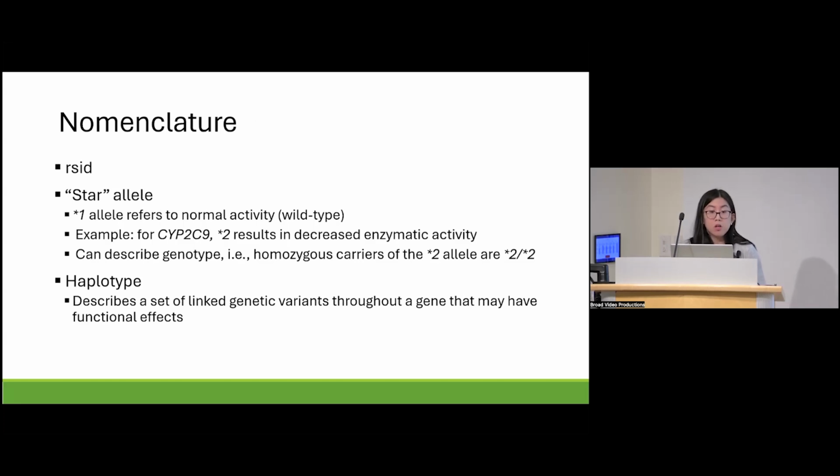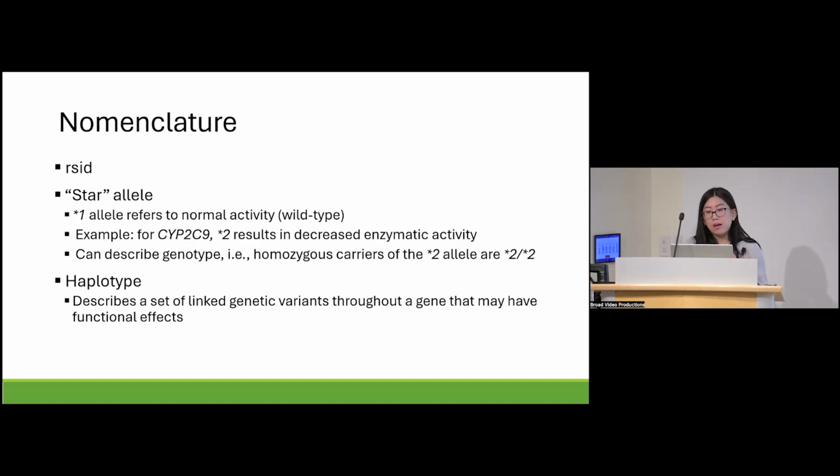In terms of nomenclature, when we think about genetic variation, we can obviously refer to that by the specific RSID, but there's also the star nomenclature, and this is in particular used when describing drug metabolizing enzymes or transporters. And typically the star 1 allele refers to the normal activity of that enzyme, or the wild type.